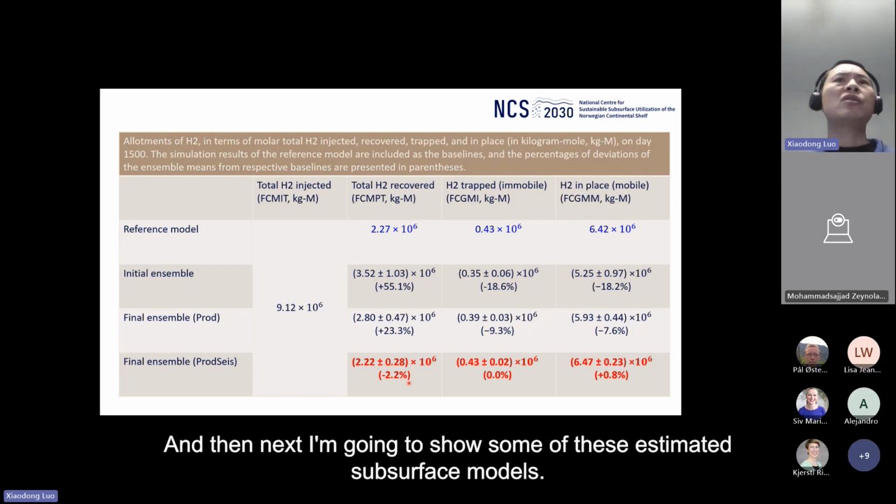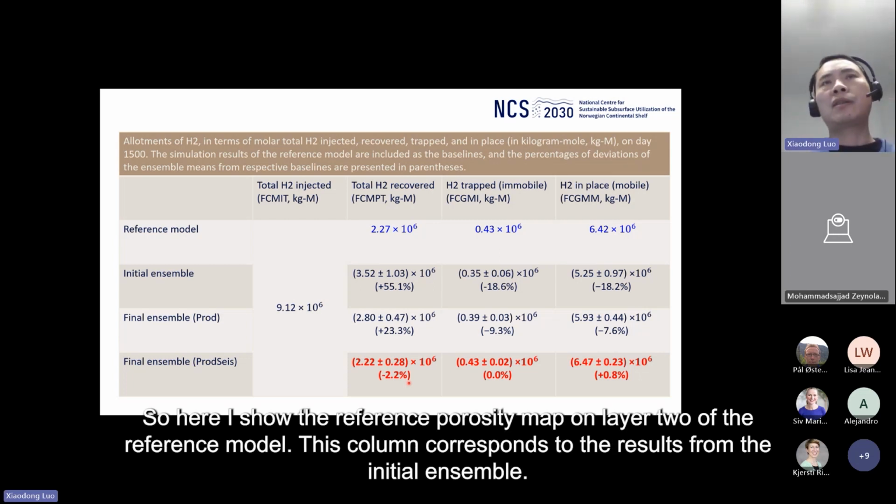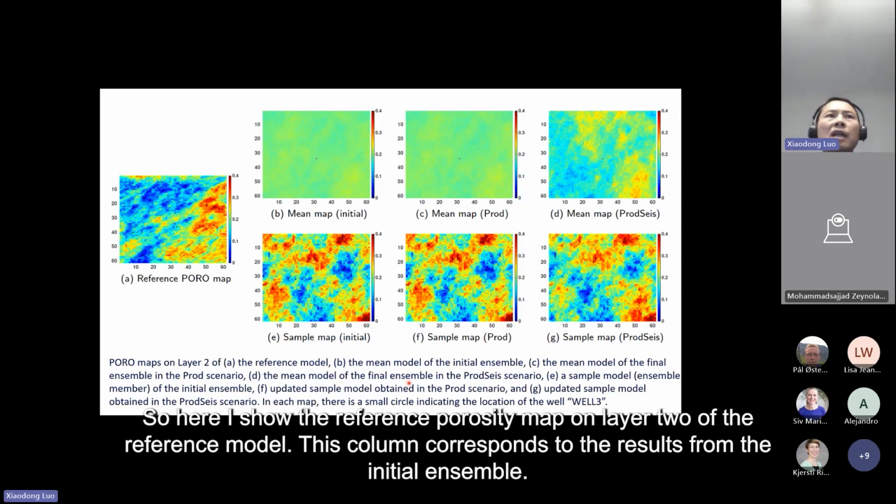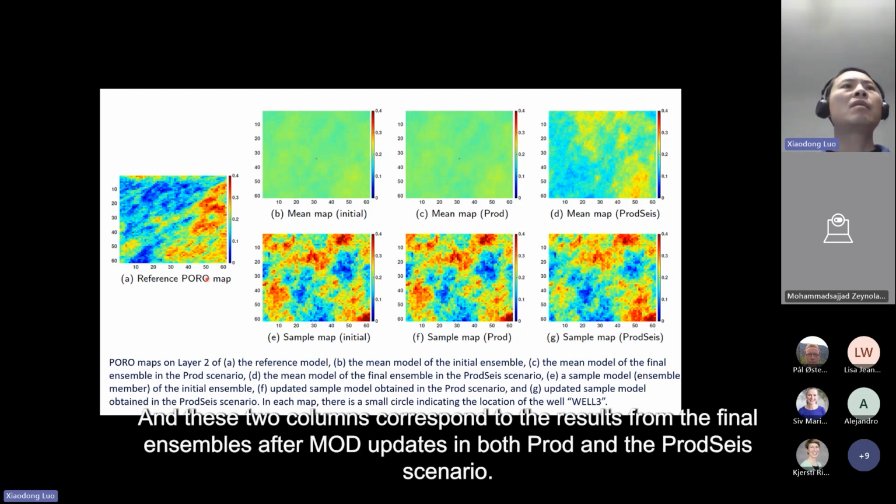And then next, I'm going to show some of these estimated subsurface models. So here I show the reference porosity map on layer 2 of the reference model. This column corresponds to the results from the initial ensemble, and these two columns correspond to the results from the final ensembles after model updates in both the prod and the prod plus seismic scenarios.